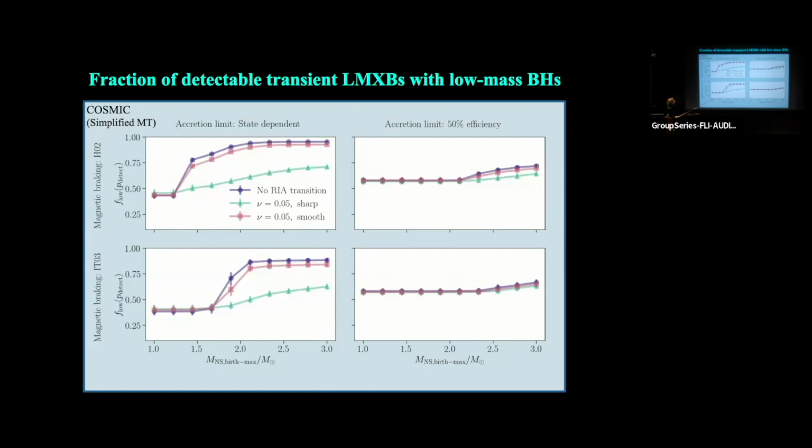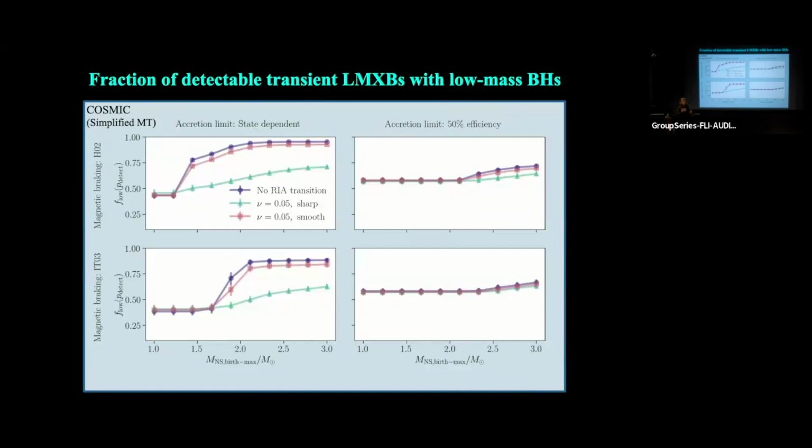We started making plots like this. F low of things that are detectable. What does this mean? First, we had our population. We reached basically the age of the galaxy. We took into account all known X-ray surveys and their sensitivities and everything.